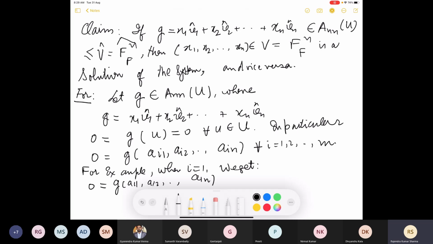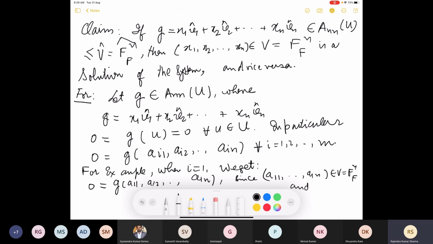Now this being 0 means what? Since these aij's are from F and this element is in V, that means Fn over F, a11, a12, ..., a1n is in V, and V is Fn over F.